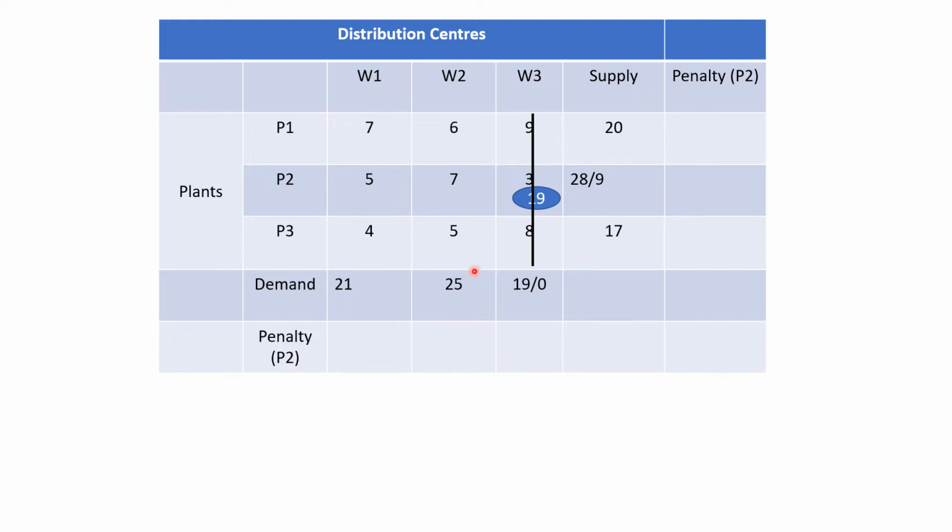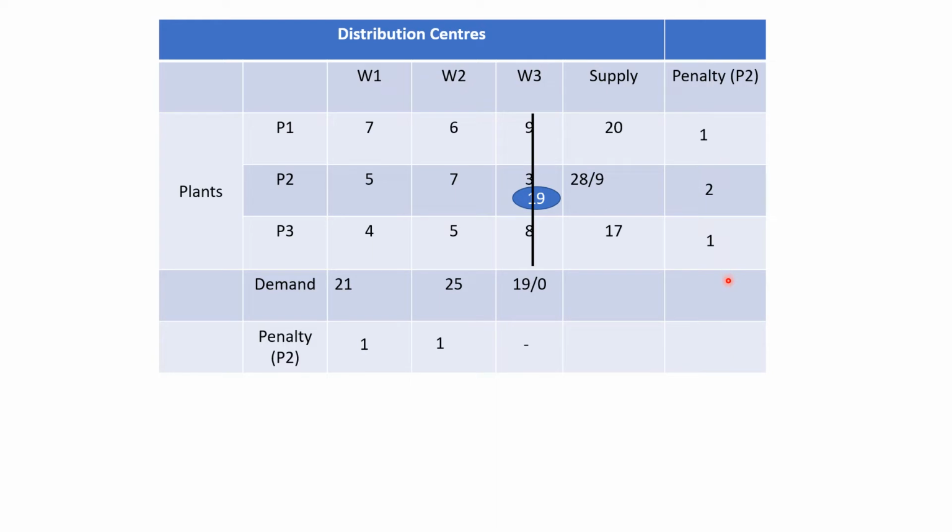Draw the same matrix and keep the penalty here, so that you can write penalty 1 and then penalty 2 like this. All the row penalties are to be written on the right hand side of your matrix, and all the column penalties at the bottom of your matrix. Okay, so penalty 2, difference between lowest and the next lowest, that is 1.